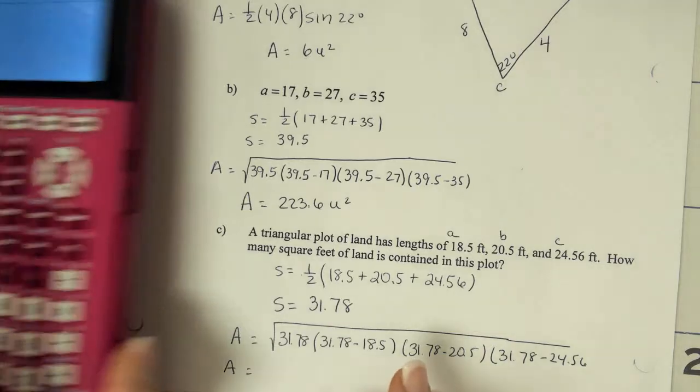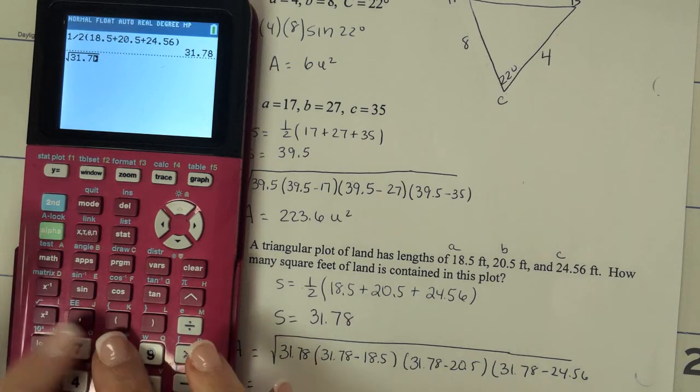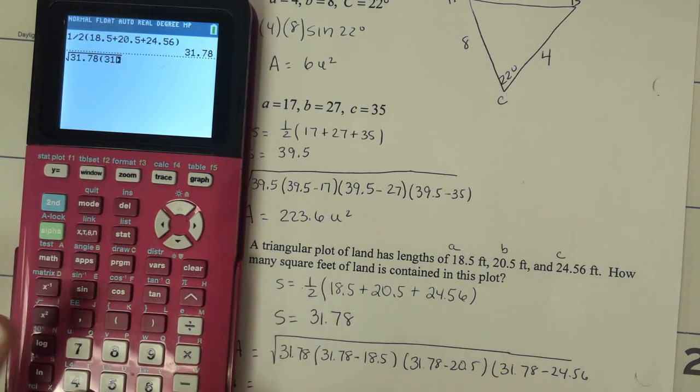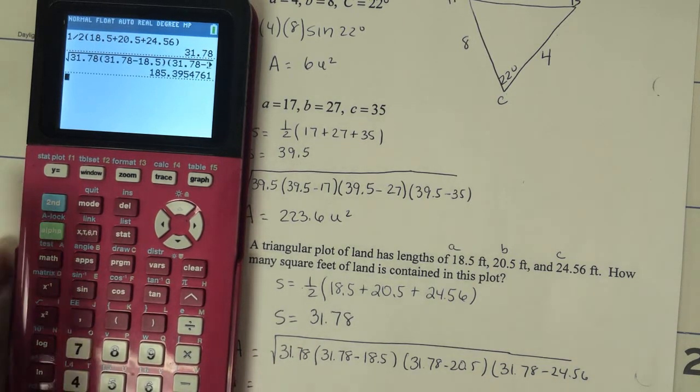We're going to put that all in our calculator. Second, square root, 31.78 parenthesis 31.78 minus 18.5 close parenthesis, 31.78 minus 20.5, and 31.78 minus 24.56.